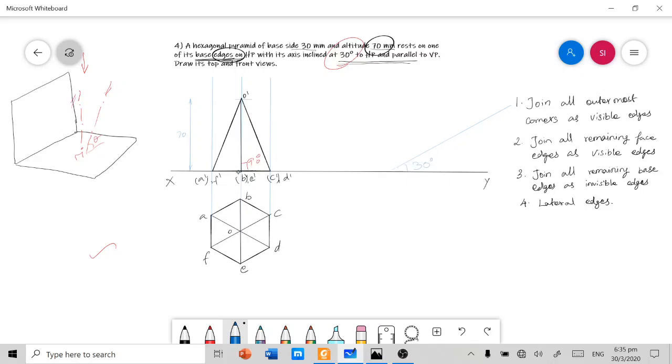So you should be very careful to ensure the axis of the solid and the pilot line are parallel to each other. Meantime, you have to make one of the base edges resting on HP. Let me redraw this lateral view.